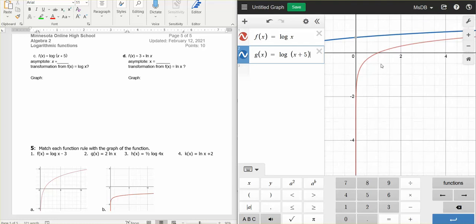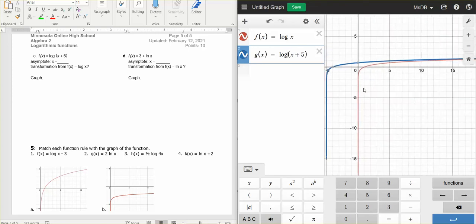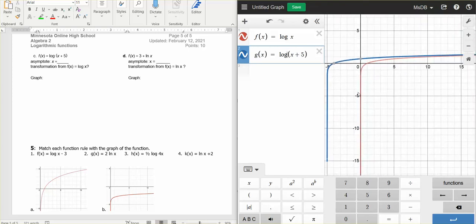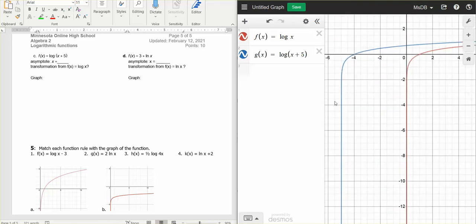Zoom out so I can see what's happening here. Okay. Wow, that looks really different. What happened is the asymptote is over here now. It moved over, and then it really quickly goes up and then flattens out.